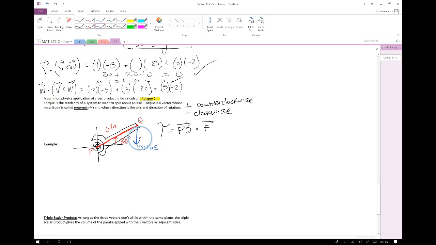So that's also a direction and a magnitude for our force vector. So both of these vectors, PQ and F, are given to us as magnitude and direction. So to calculate the cross product, we're going to have to change them to components.